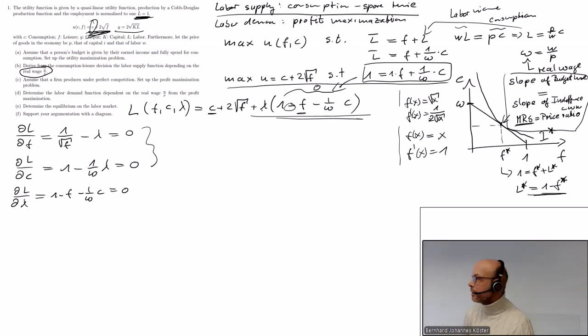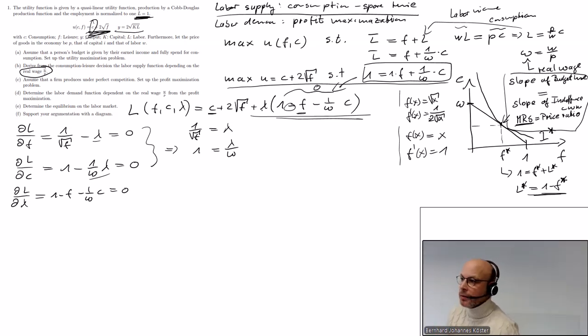Since this is a nonlinear system of equations, in general it is a good idea to solve both sides for the prices, or for this part here, and then you obtain 1 over square root of f equals lambda, and we obtain 1 is lambda over omega.